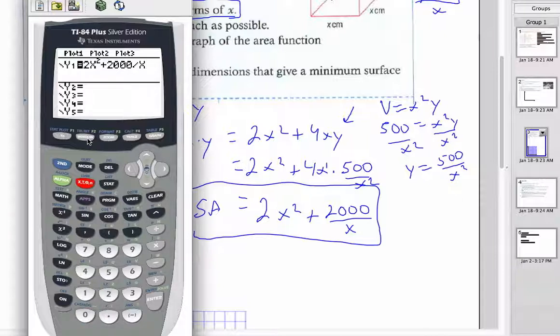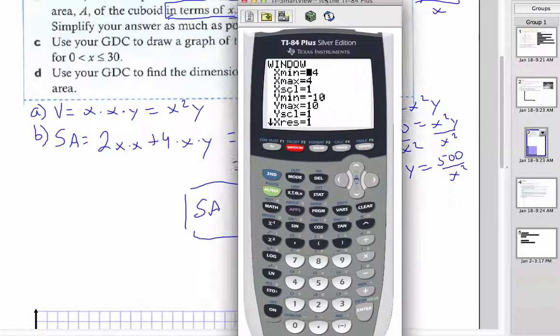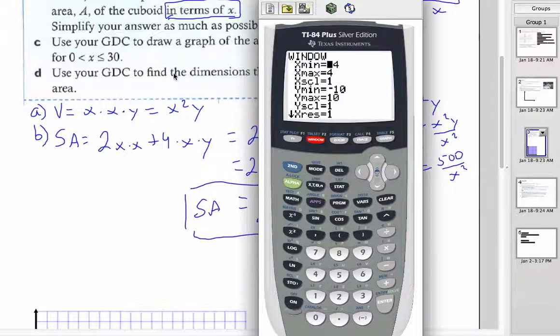And for the window, I need up to 30. They tell me to graph it from 0 to 30. So 0, 30. And the surface area can't be negative, so I'll just go from 0, and for the y value, maybe I'll guess 100 or so. Or maybe 1,000, I think it's going to be bigger.